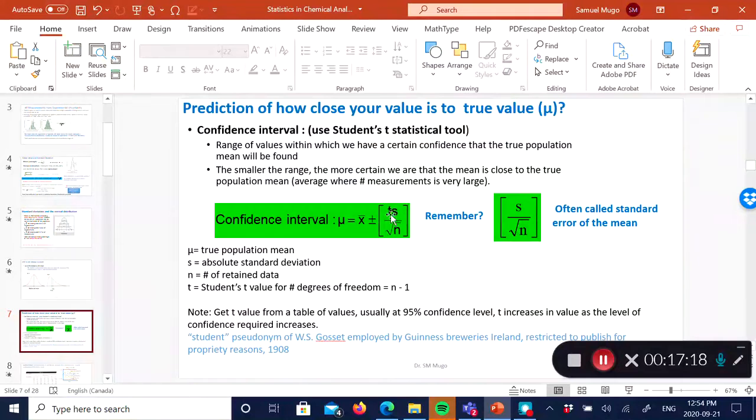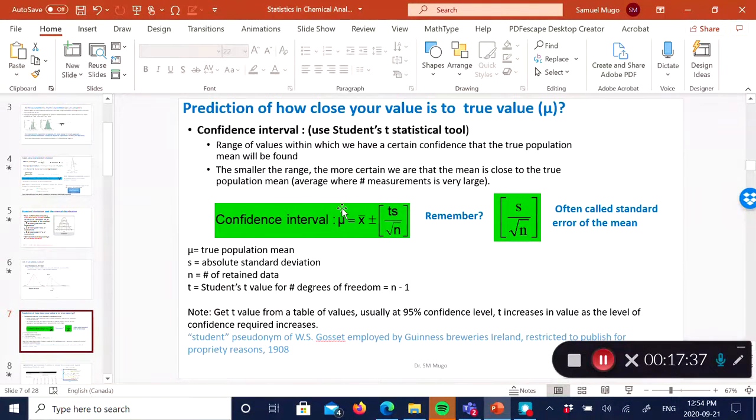And s, on the other hand, of course, is the standard deviation, and the root of n here, n refers to the number of repeats. Now remember, and I think I've already talked about this, the ratio of the absolute standard deviation to the root of n, sometimes we call it the standard error.